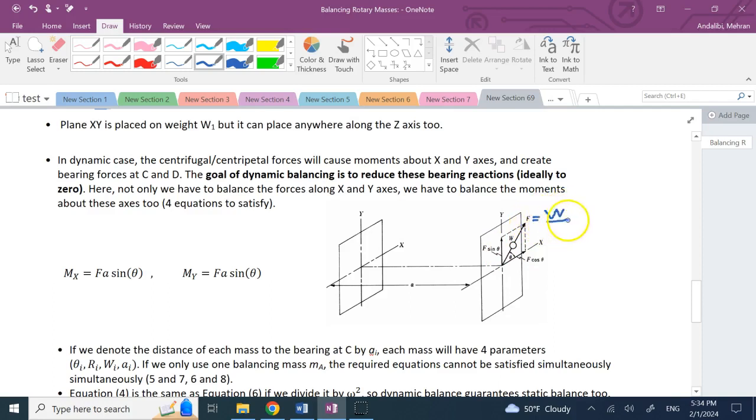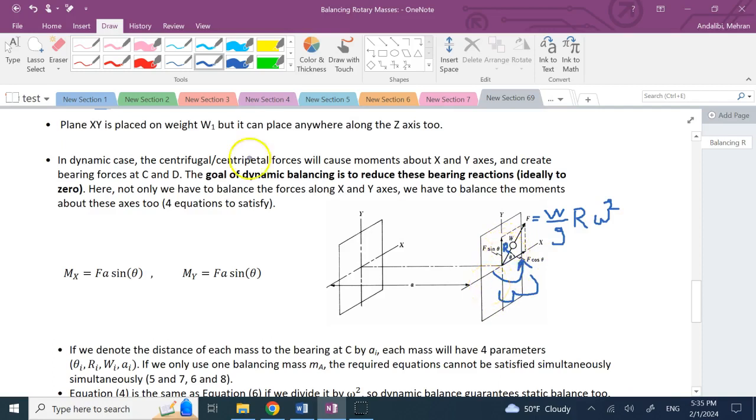So that is W over G times what? Times basically R times omega squared, okay? Where this one is spinning with angular velocity omega, and this radial distance is R.